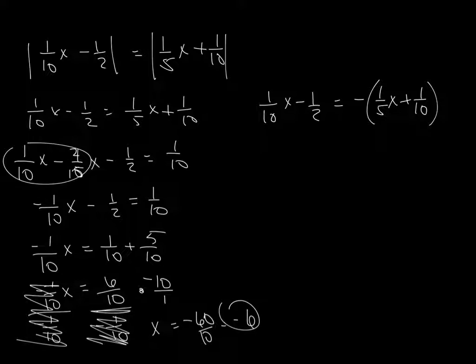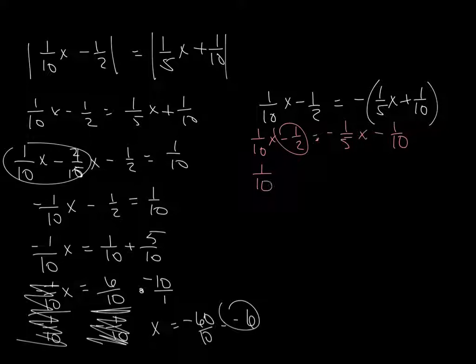Okay, let's look at this one. So let's go ahead and rewrite the right hand side by distributing that negative. Okay. And we're going to add 1/2 to each side.